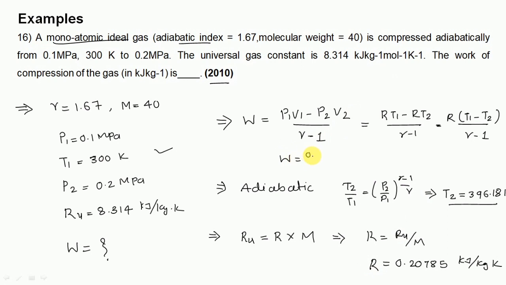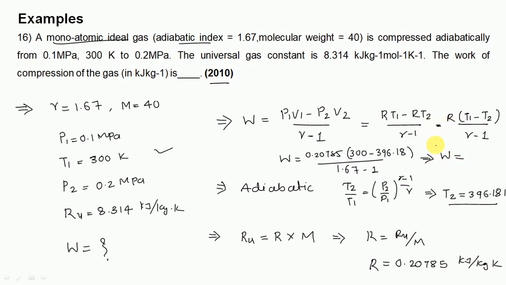So R is 0.20785. T1 is given 300 Kelvin. T2 is given 396.18. Gamma is given 1.67 minus 1. If you put the values and calculate, we get the value of work over here.